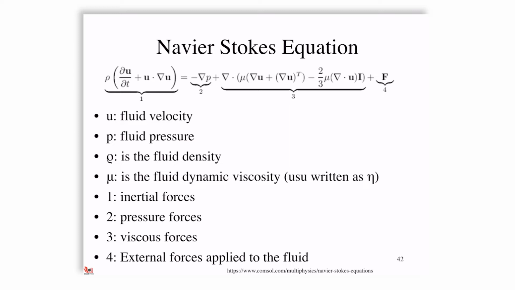The usual symbols applied are mu for fluid flow dynamic viscosity. This is an engineering way of writing it. Usually we write it as eta in biophysics. Rho is the fluid density, P is the fluid pressure, U is the fluid velocity.